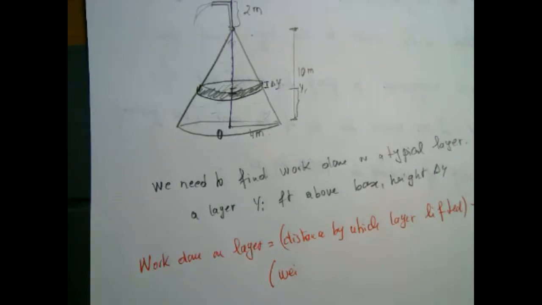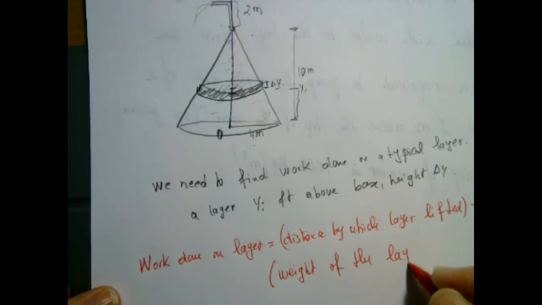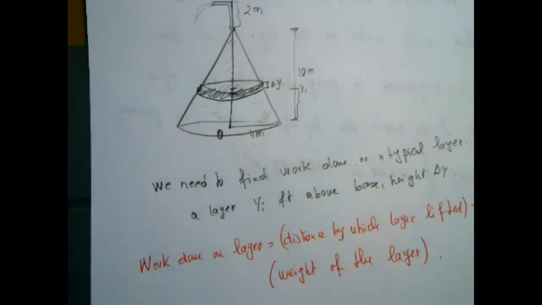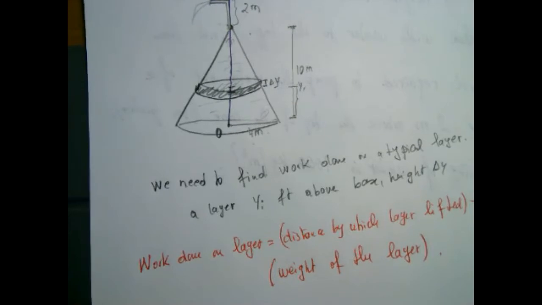The force by which we need to lift it, which in this particular problem is the weight of the layer. Now we're going to do each one of them separately. First, the distance.